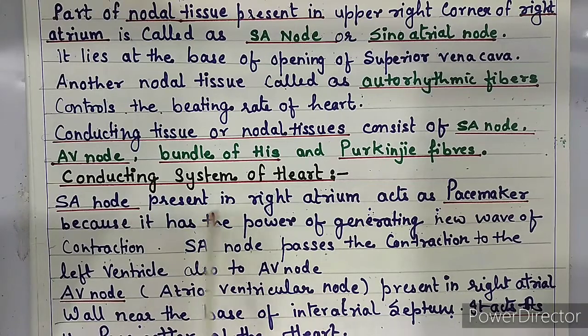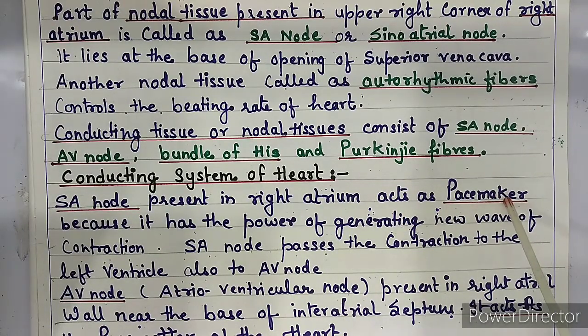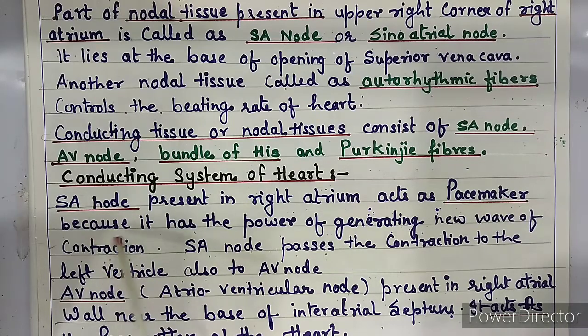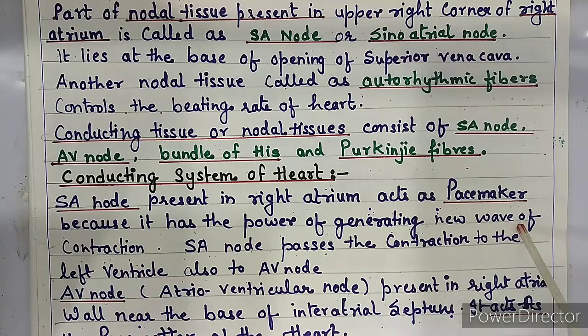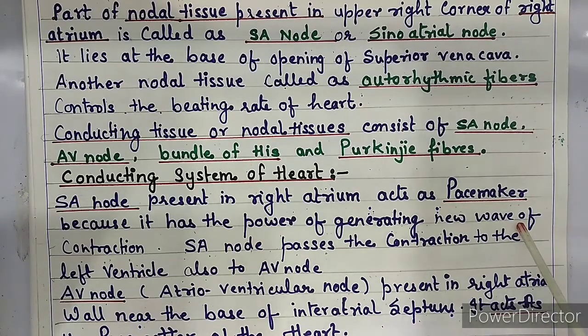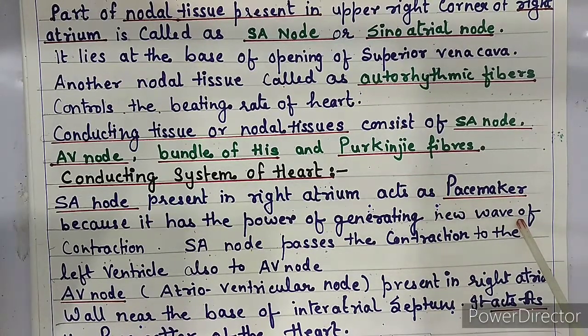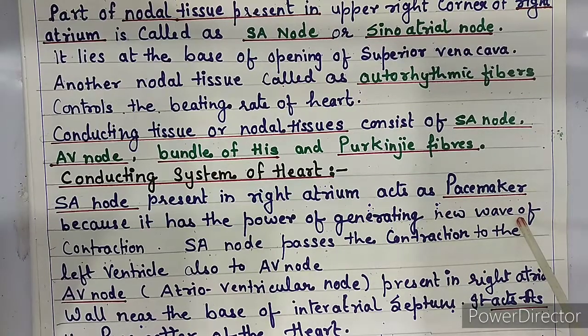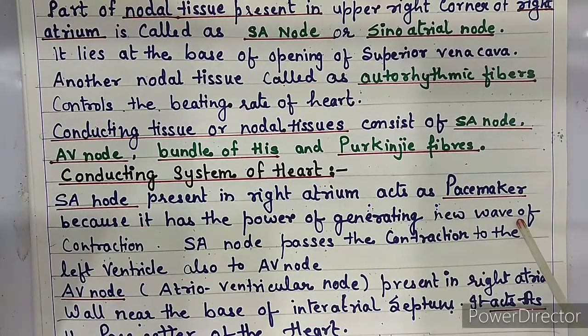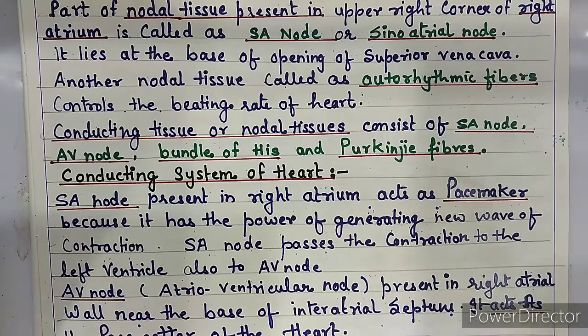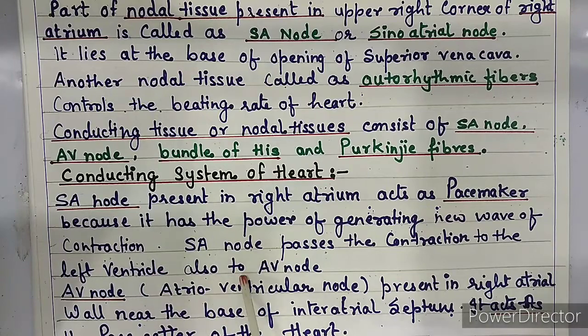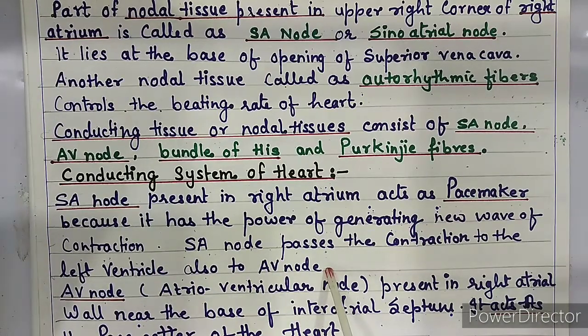SA node, children, present in the right atrium acts as a pacemaker. It acts as a pacemaker because it has the power to generate new waves. The sinoauricular node, or I can say sinoatrial node, has the capacity to generate new waves of contraction. SA node passes the contractions to the left ventricle, also to the AV nodes.